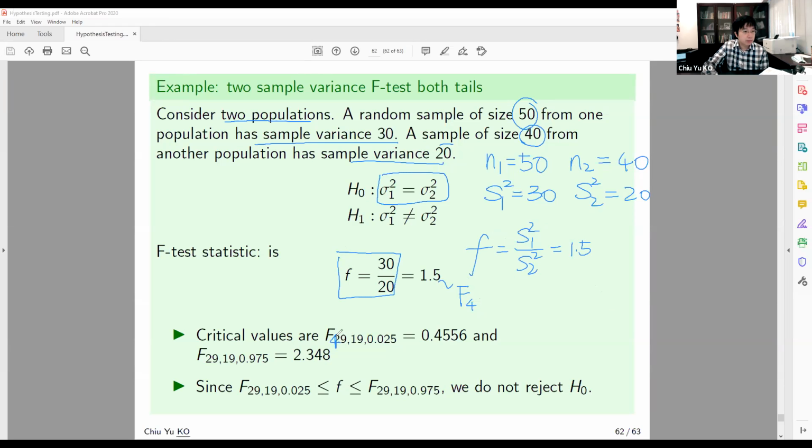So 49, 39. I guess I mistook this. I think this is a typo. So this is 49, 39.